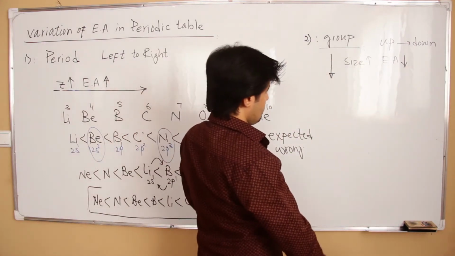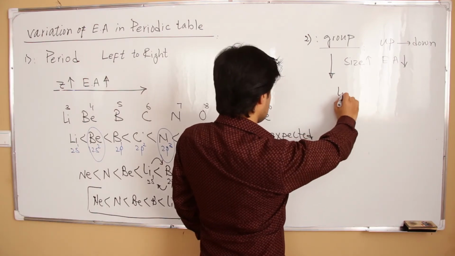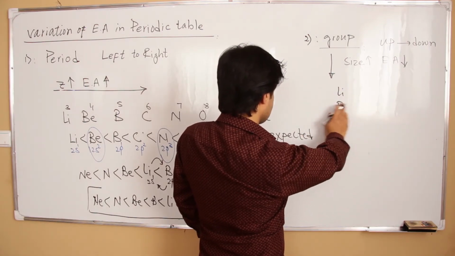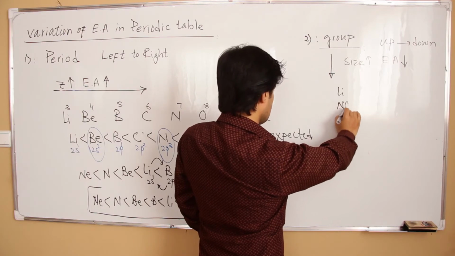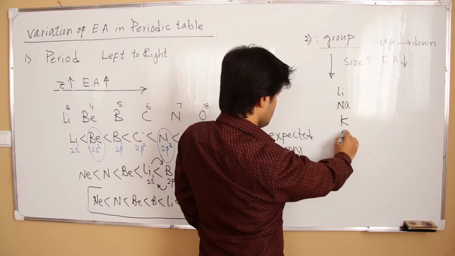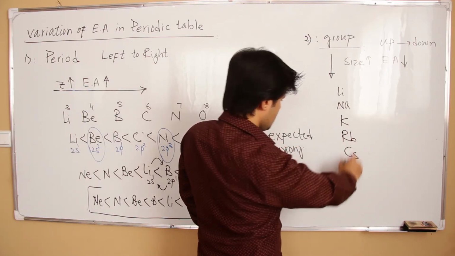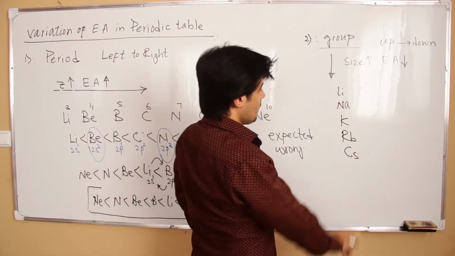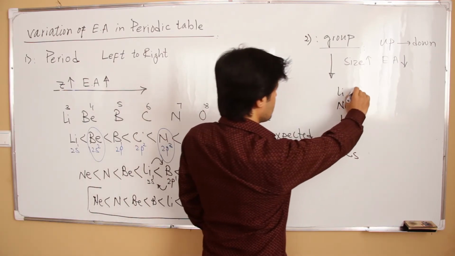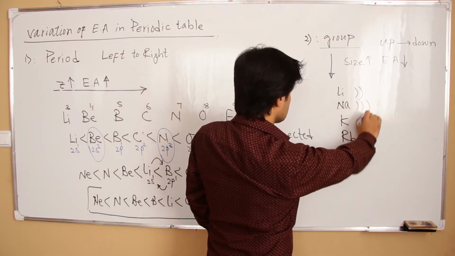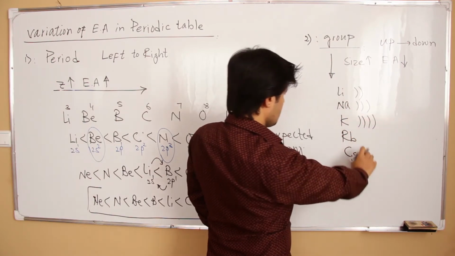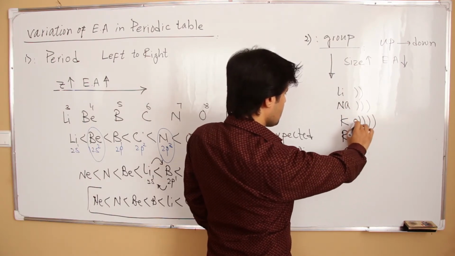If we are talking about the first group, we have what? Lithium, sodium, potassium, rubidium, cesium, and francium. Now what do you think? It has two shells, 3 shells, 4, so it means farther from the nucleus.